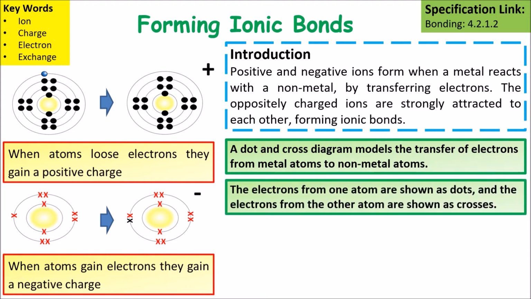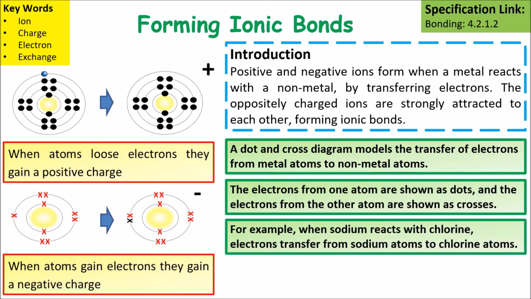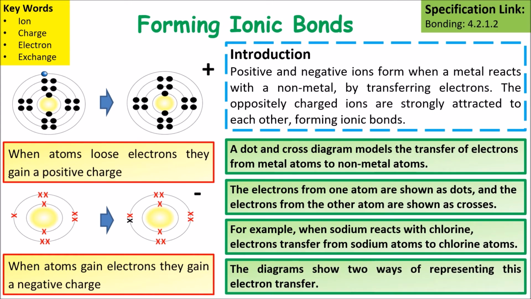The electrons from one atom are shown as dots, while the electrons from another atom are shown as crosses. So for example, when sodium reacts with chlorine, electrons are transferred from the sodium atom to the chlorine atom. So the diagram is a nice, easy way to represent this.